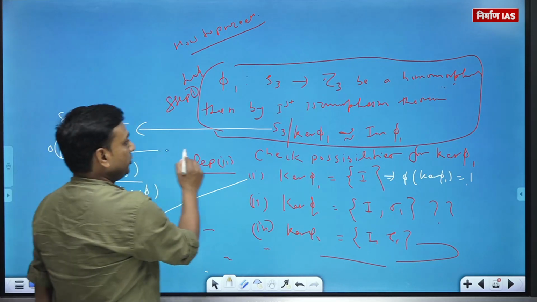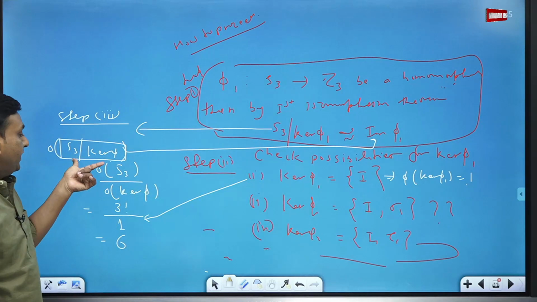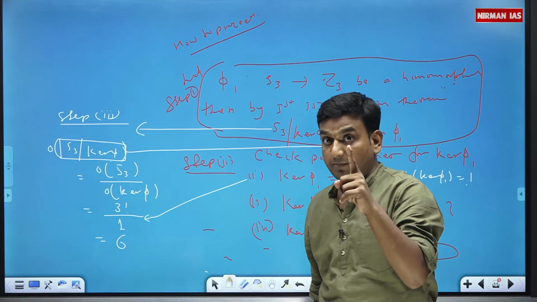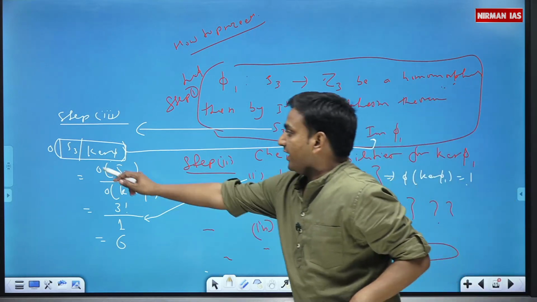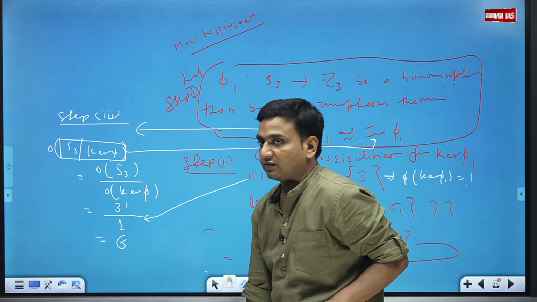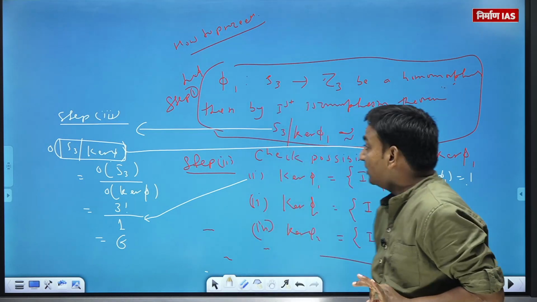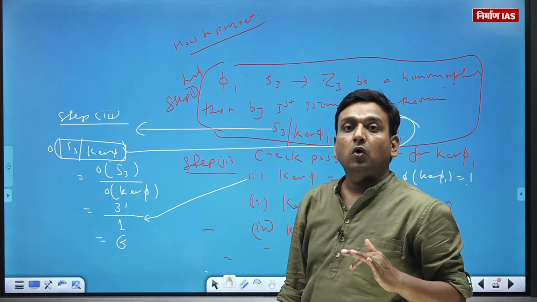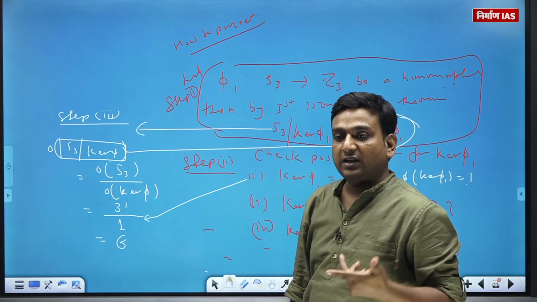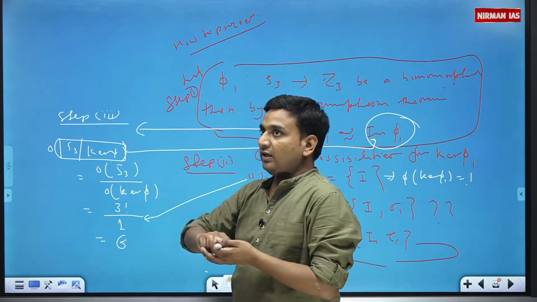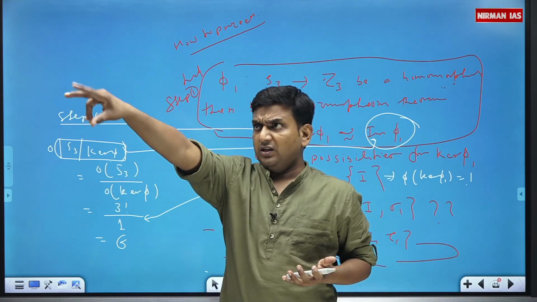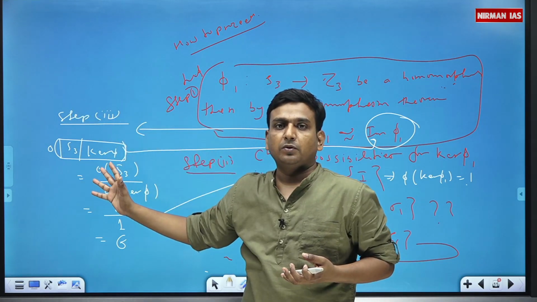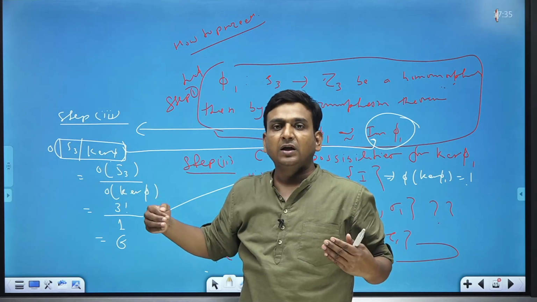So by the first isomorphism theorem, S3 by kernel phi is isomorphic to image phi. Please have patience. The order of S3 by kernel phi is 6. That means this image phi should also be of order 6. Otherwise, S3 by kernel phi is isomorphic to something whose order is different from it, so it may not be isomorphic.